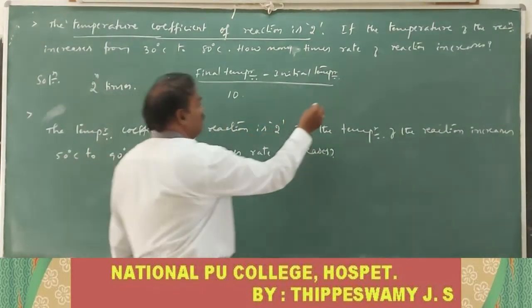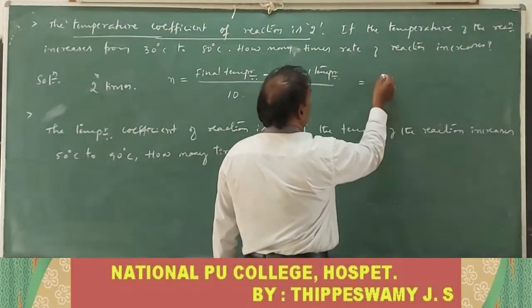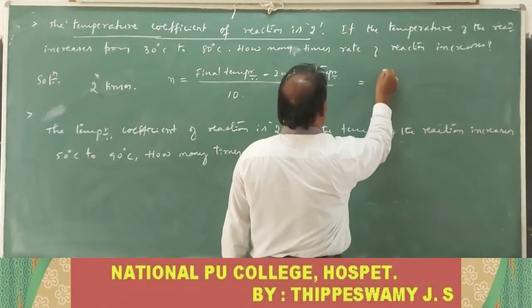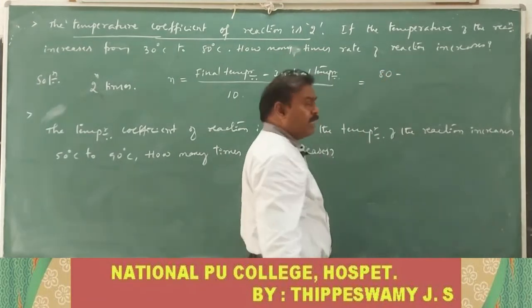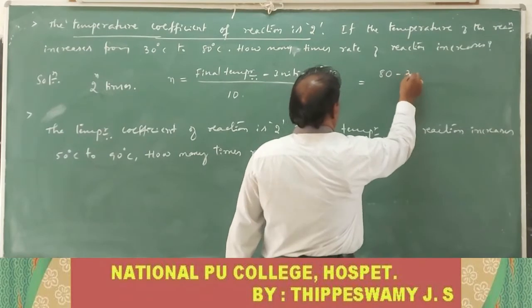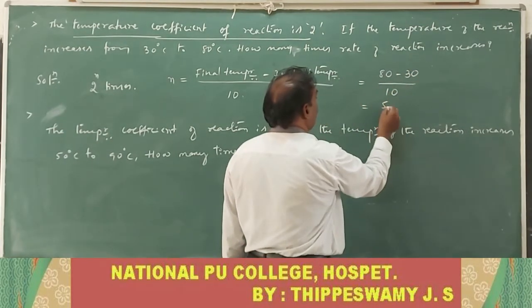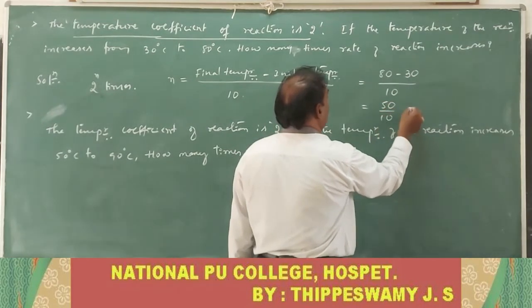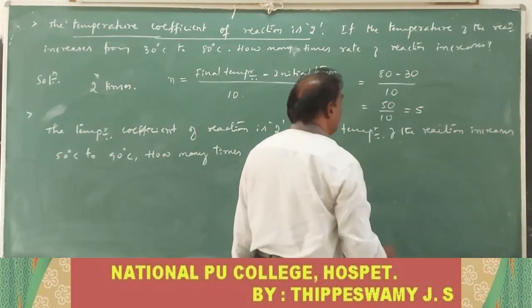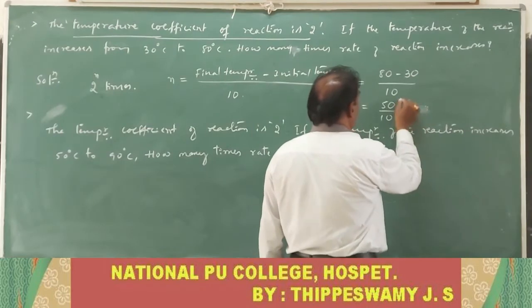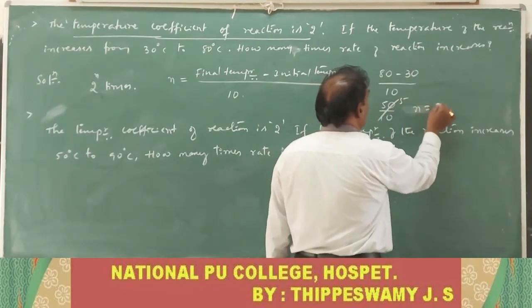The final temperature is 80 degrees Celsius minus 30 degrees Celsius initial temperature, divided by 10, which is equal to 50 divided by 10, which is equal to 5 only. So the value of n is 5.